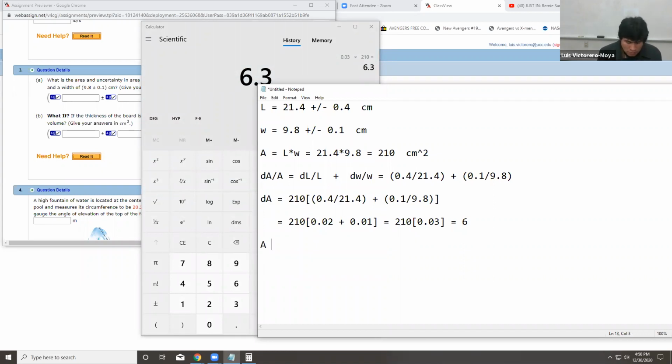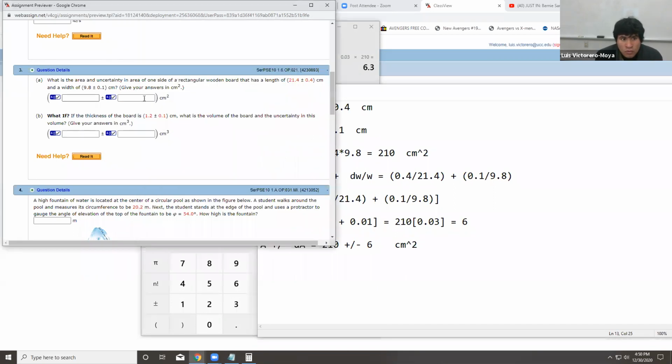So the area... I hope this helps, guys. All right, that will be the answer for this part.